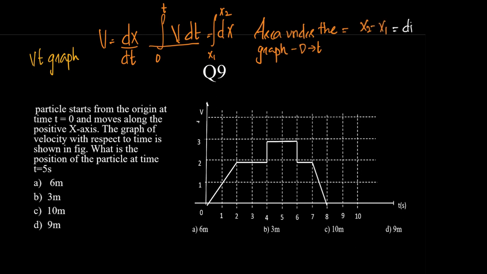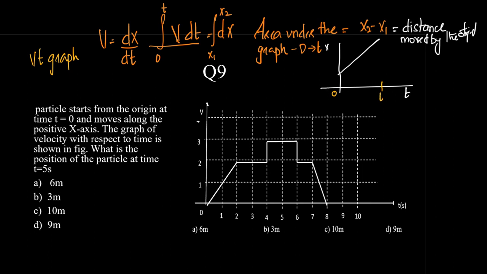It is the distance moved by the object. Which means if you have a velocity-time graph and a specified time interval, say from 0 to t, the area under this graph will give you the distance moved by the object.